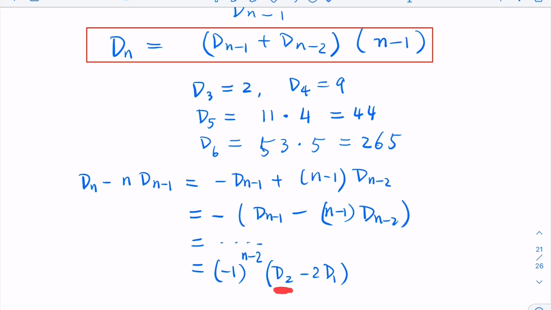Earlier we know that for 2 elements there's only one way, for 1 element there's no way, so that's 0. So the whole term is actually 1. So this is going to be negative 1 to the power n minus 2, which is equivalent to n, so either negative or positive 1.